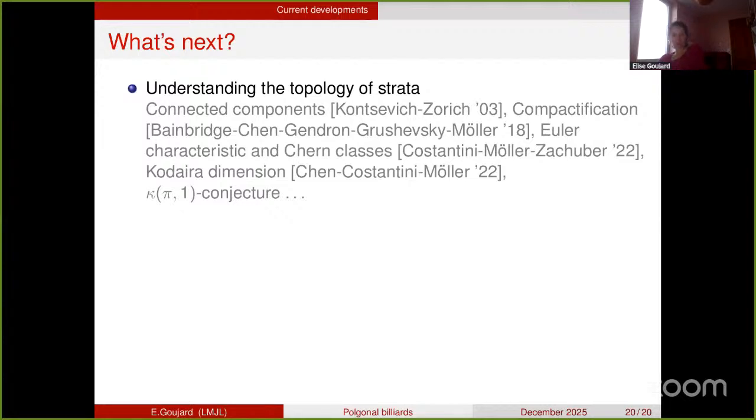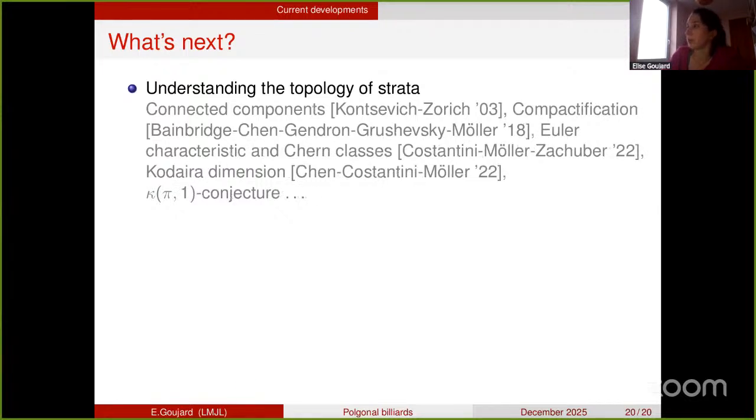So what you can do next is to understand more the topology of the moduli space. We know very little about the topology. We know that there are maybe several connected components. The connected components are classified, but that's almost it.